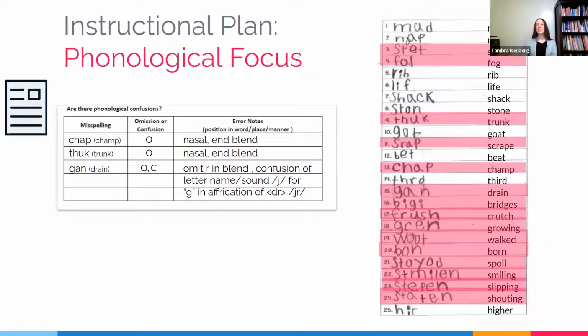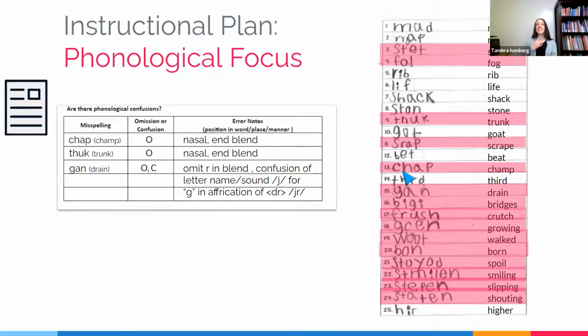Okay, so these are the phonological mistakes that you might have noticed in pink. Anything that has some sort of phonological omission or confusion is highlighted there. We chose to pull out 3 examples for you to see how that worksheet works with this sample. We chose the word champ. The student spelled it C-H-A-P.